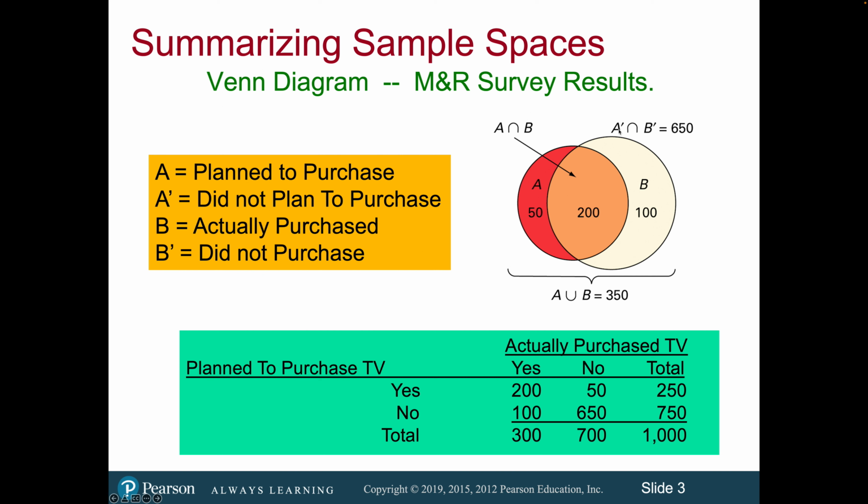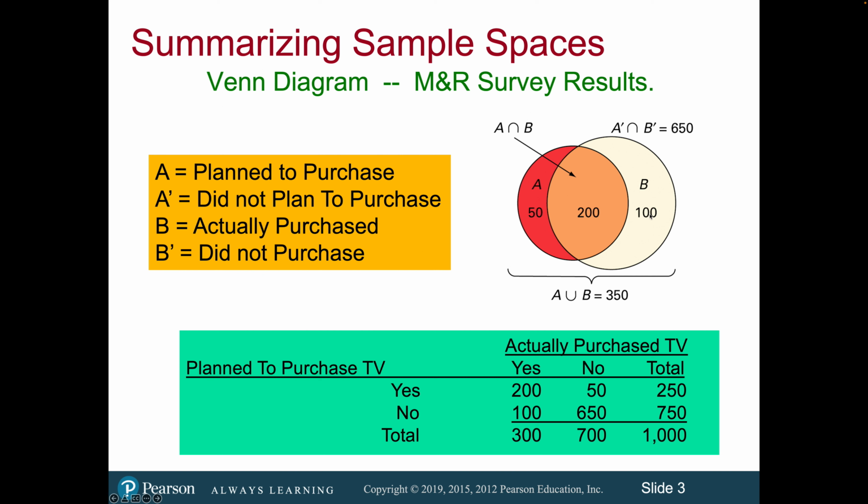Didn't plan to purchase and didn't purchase would be at the intersection of no and no of both of these variables. So I think for obvious reasons, that's going to be 650. Now, the union of A and B is actually going to be 350, which we get by adding these numbers.